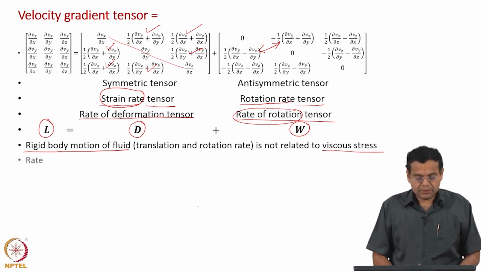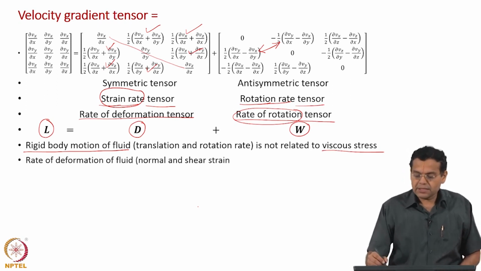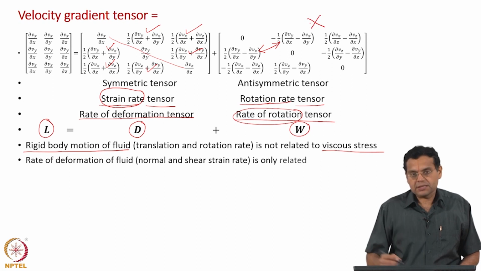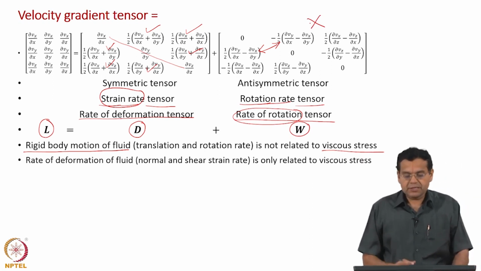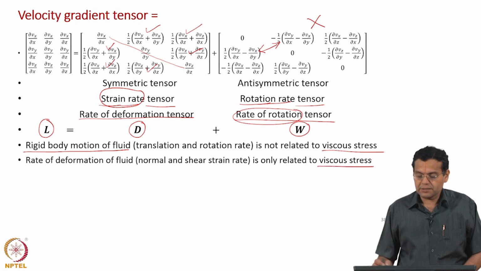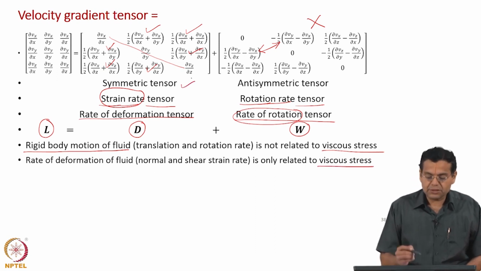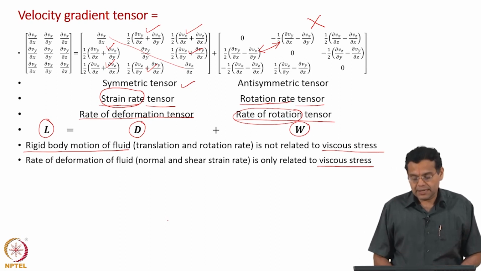So, this tensor is not related to the viscous stress. Rate of deformation of fluid, which includes normal and shear strain rate, that only is related to the viscous stress. So, the first tensor is what is related to the viscous stress. Whenever there is normal strain rate or shear strain rate, we have viscous stresses.